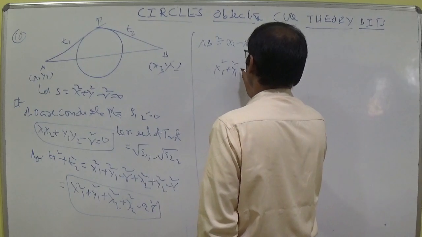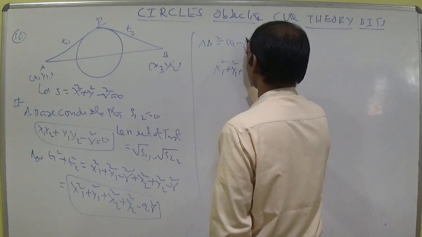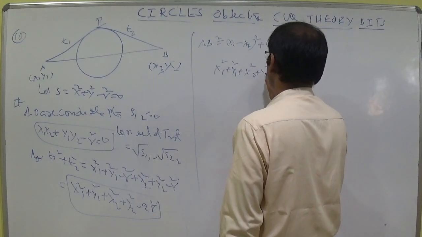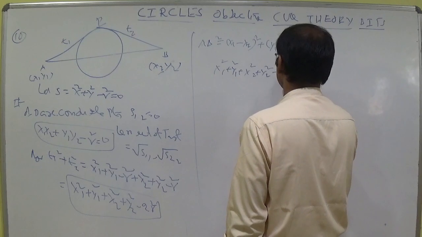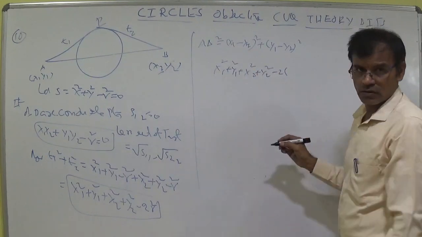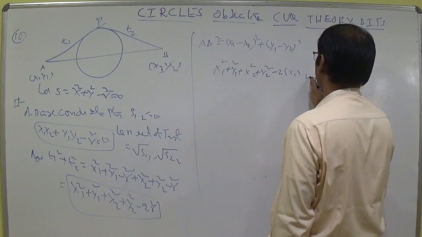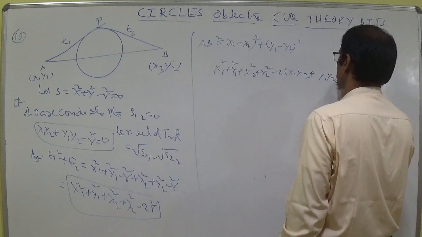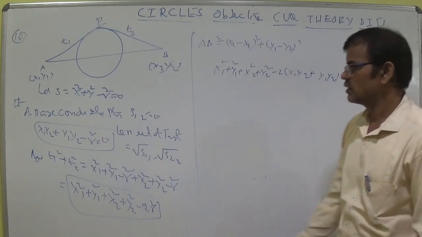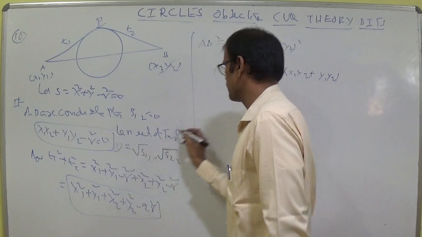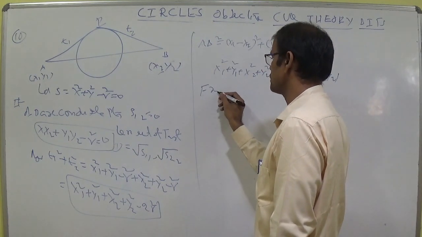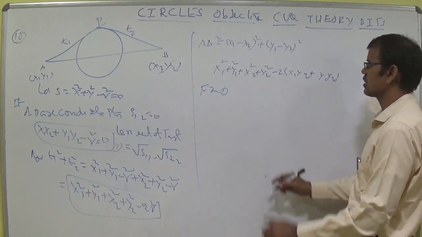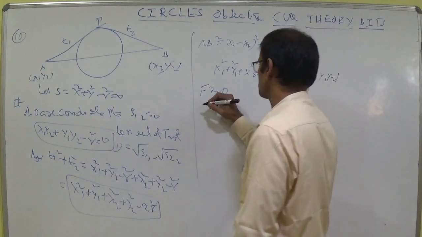Depending upon the formula, you can write x1 square plus y1 square, and in the similar way you get x1 square plus y1 square plus x2 square plus y2 square minus 2 times x1 x2 plus y1 y2. Taking 2 common, within the brackets you can write x1 x2 plus y1 y2. From equation 1, x1 x2 plus y1 y2 is equal to r square. You put here r square.